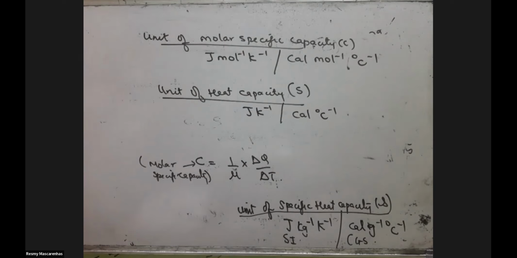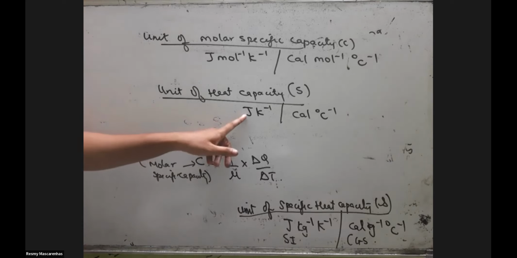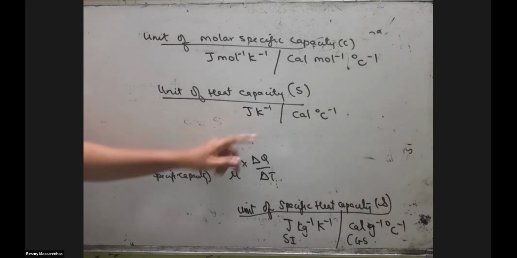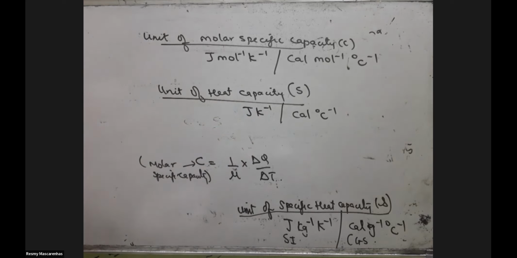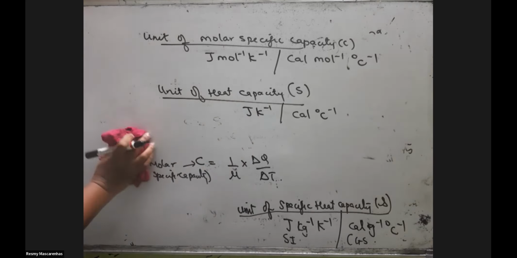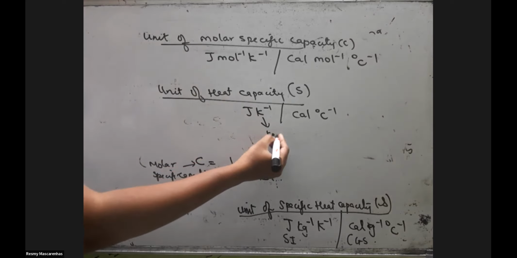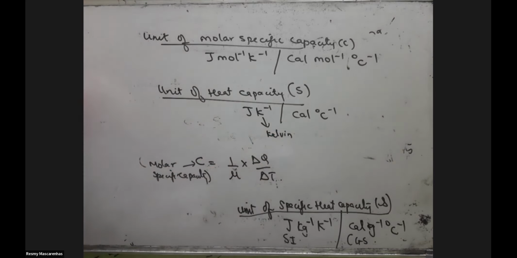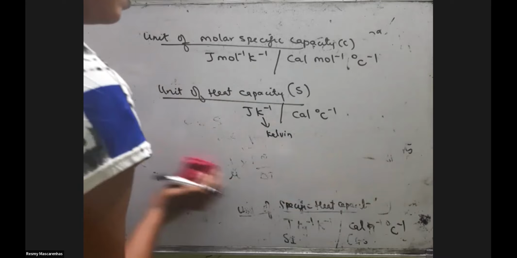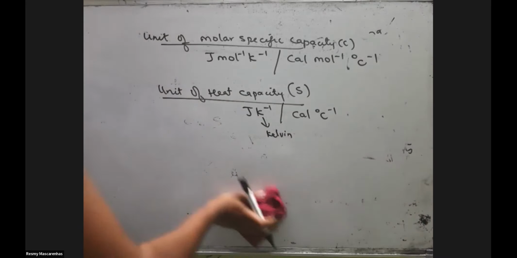There is no mass or molar involved in the heat capacity. It is plain, just heat per change in temperature. K is for Kelvin, the unit of temperature.